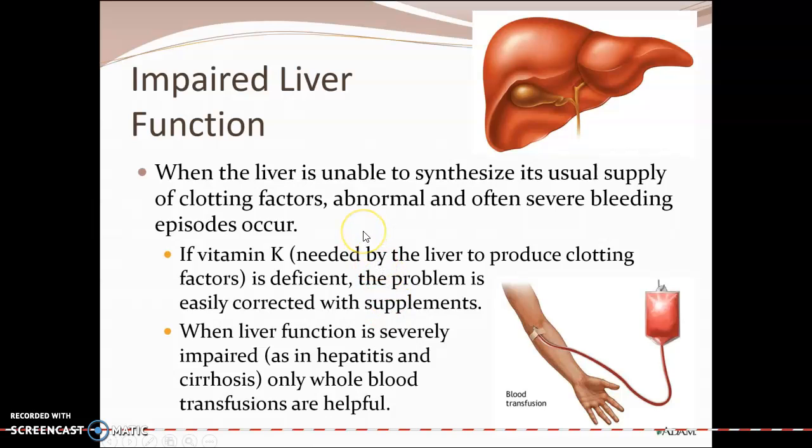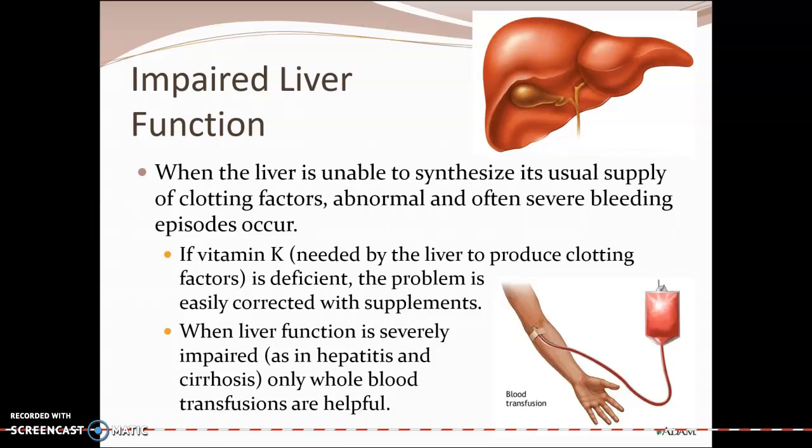When the liver is unable to synthesize its usual supply of clotting factors, abnormal and often severe bleeding episodes occur. So the liver has a big part in blood processing as well, and so do the kidneys.